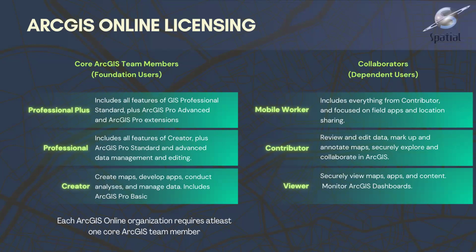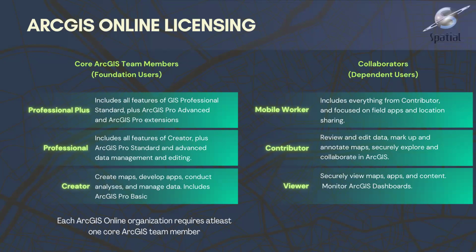Similarly, your spatial analyst, network analyst, and all those extensions which you've possibly used can also be paired with these licenses based on the new licensing model. Now, to note, each ArcGIS Online organization requires at least one core ArcGIS team member. So if you're setting up an organization, you would need to have a core team member on the team, and then you can pair them with your collaborators, who I would take a look at now.